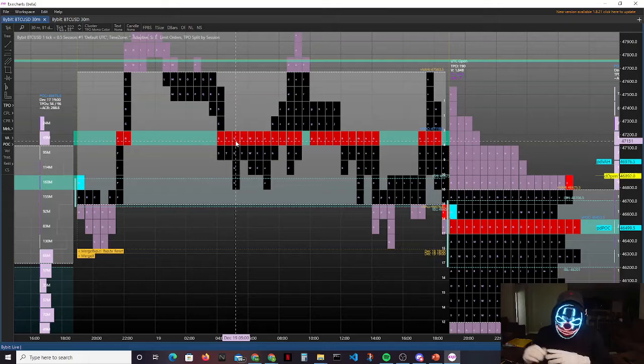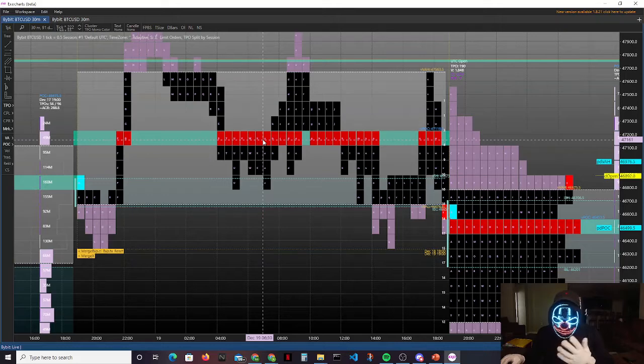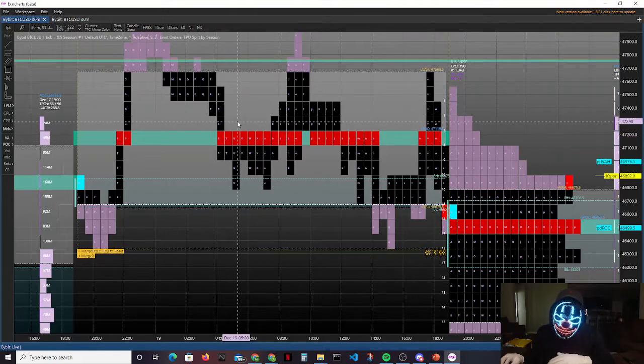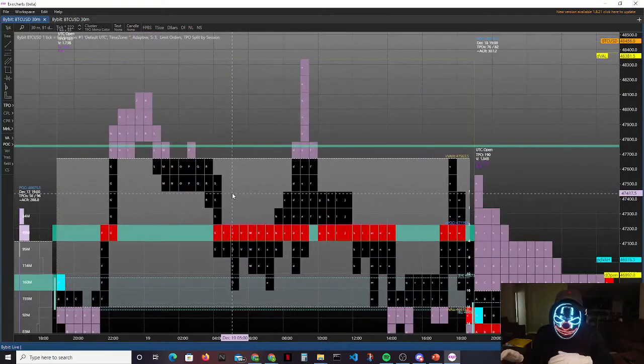But like I was saying in the definition, these VPOCs, these points of control, volume points of control, can be used as targets intraday. And why is that? That's also why I'm saying you need to have a little bit of knowledge of market theory and just knowing how the market works, because there's this thing called trapped traders. There's this thing called LRA, Wyckoff.